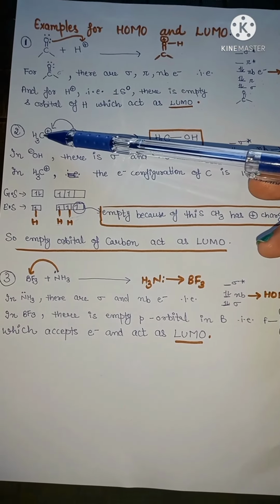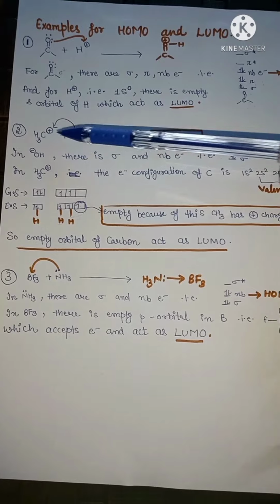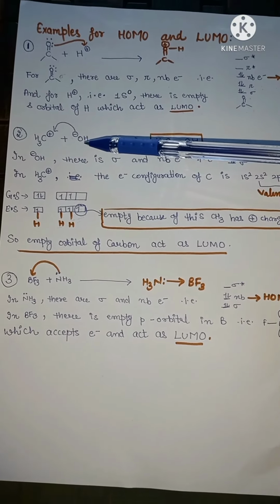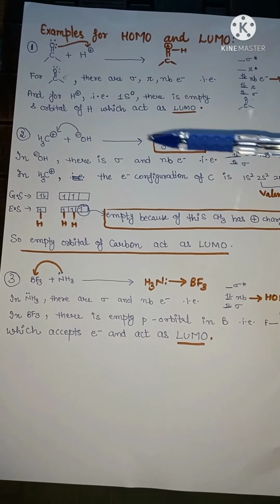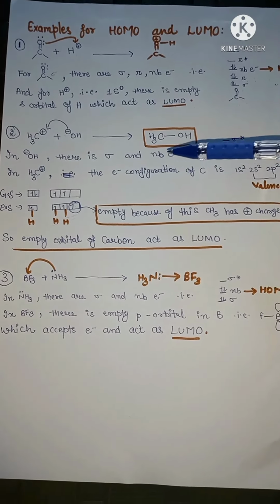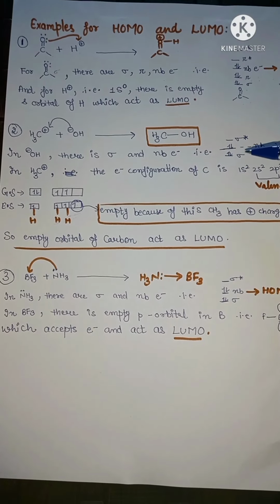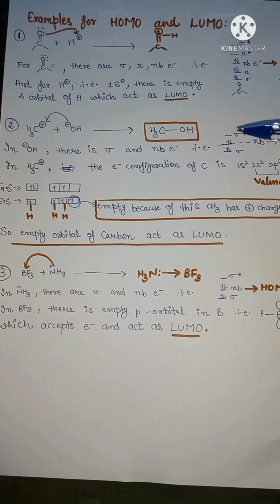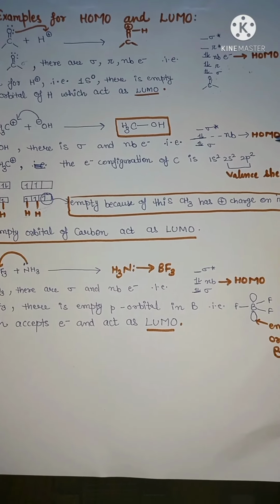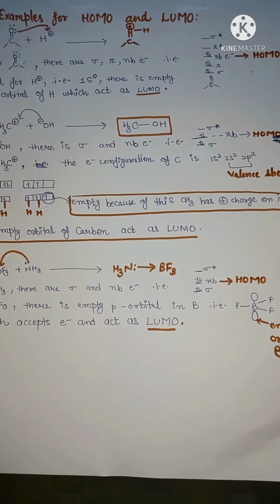In the second example, there is CH3 positive ion and OH negative ion. Here OH negative ion has sigma and non-bonding electrons. The highest occupied energy level is non-bonding for OH negative, so non-bonding will act as HOMO.